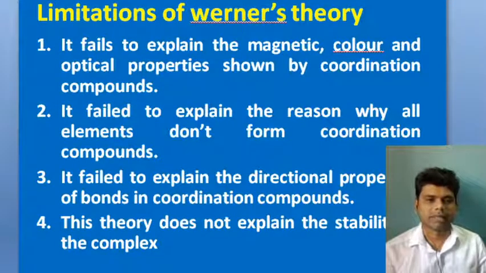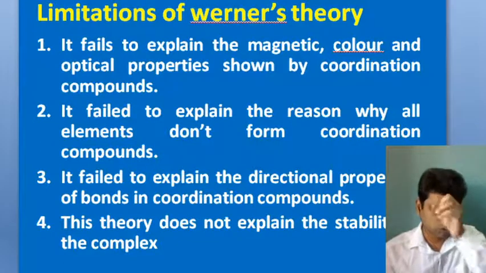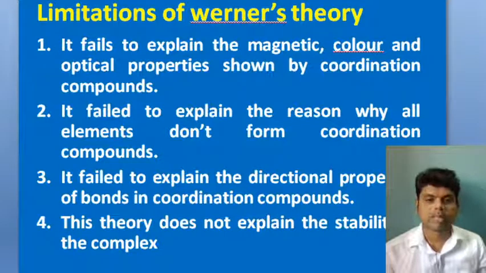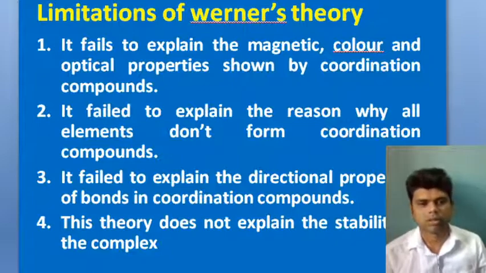Even the magnetic properties he hasn't explained, and why it is limited to 6 ligands approaching the central metal atom or ion, why not more than that. The directional nature of coordinate covalent bonds also he hasn't explained.